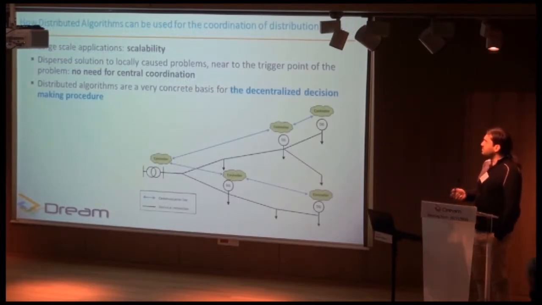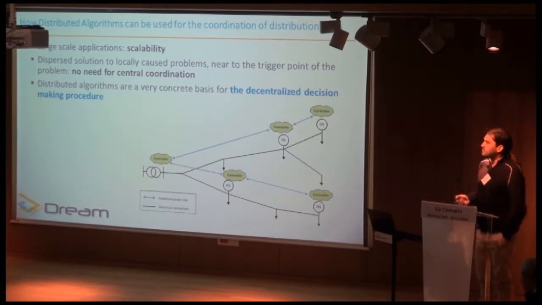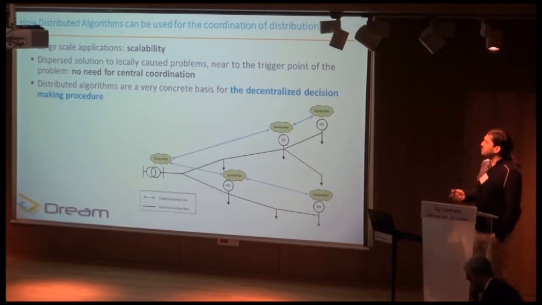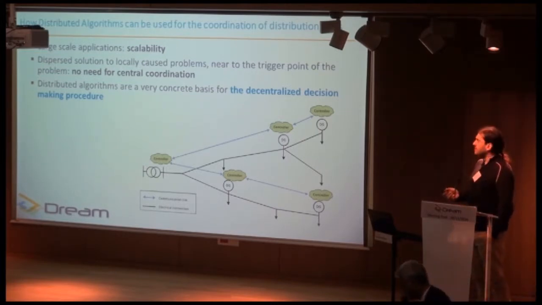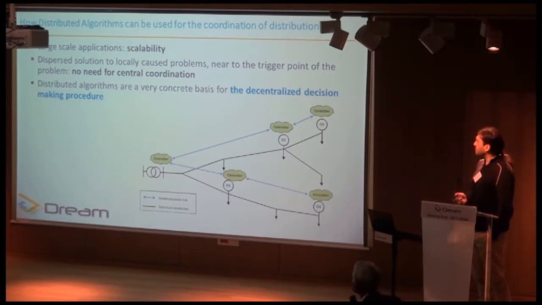So why do we need to apply this kind of algorithms? Why do we need these kind of solutions? Simply because we have applications that are larger and larger scale, so we need scalable solutions, and we would prefer to avoid the centralized and only centralized coordination, because we would have a centralized point which would be less robust than a dispersed intelligence system.